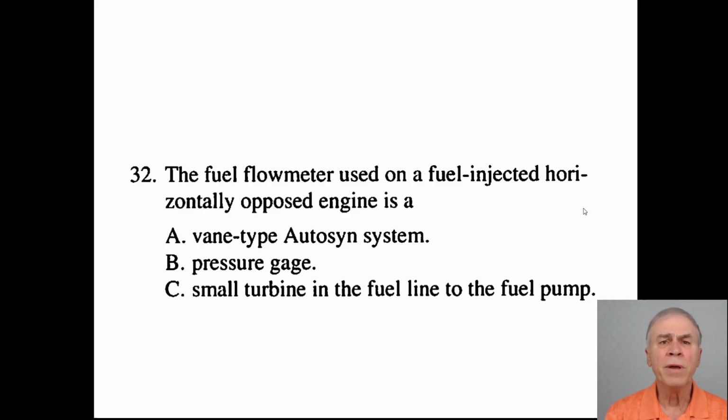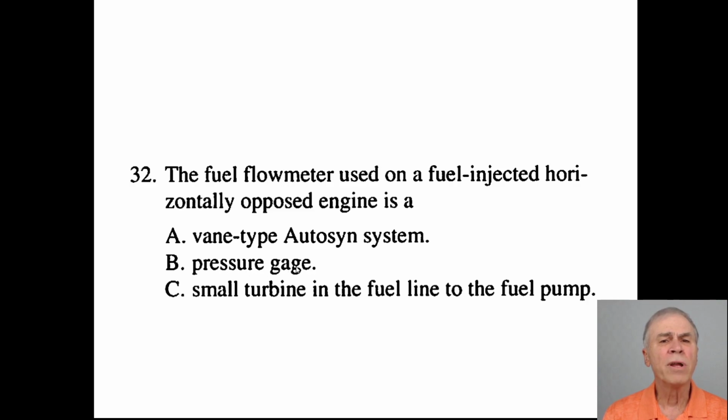The fuel flow meter used in a fuel-injected horizontally opposed engine is, we saw that way back, what is that? It was a pressure gauge because the fuel is injected. That's really close to the question we already saw.